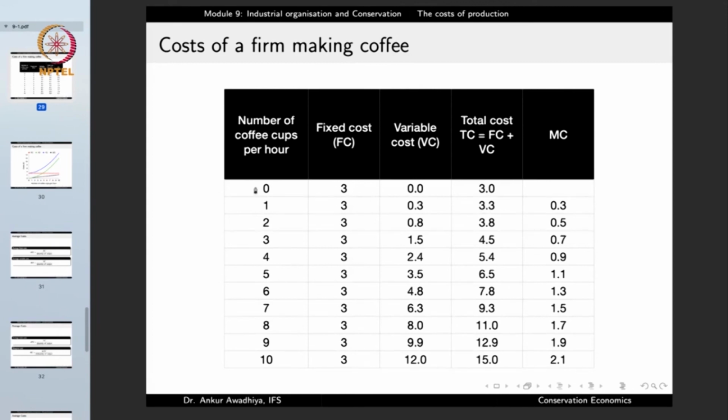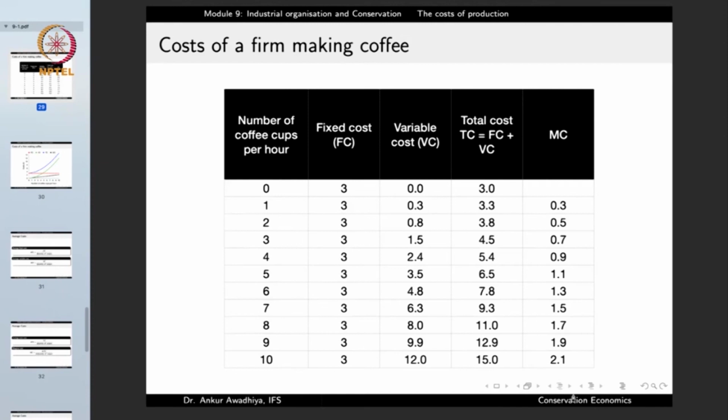So for 0 cups of coffee, we have a fixed cost of 3, variable cost of 0, so total is 3. For 1 cup of coffee, the fixed cost is 3, the variable cost is 0.3, so the total cost is 3.3. For 2 cups of coffee, that becomes 3.8, and so on. So this is the total cost.